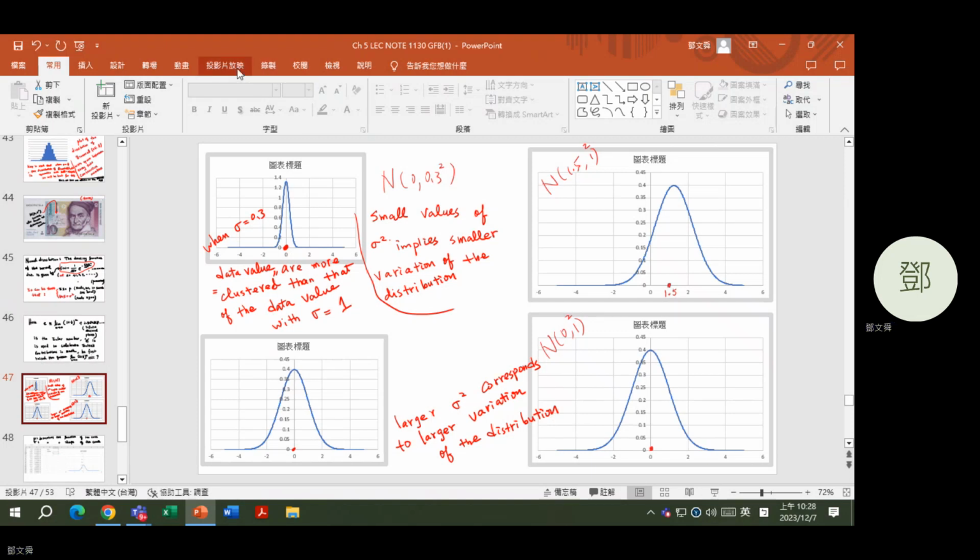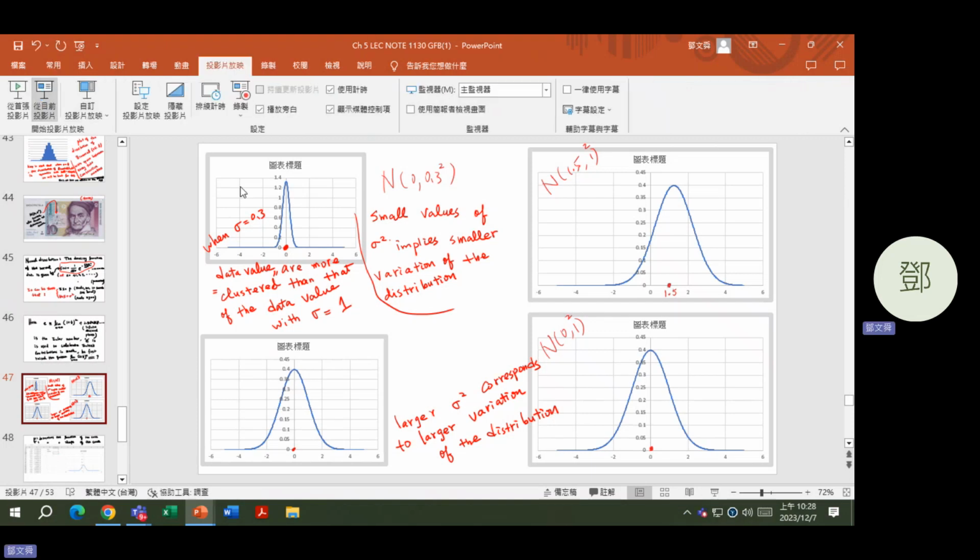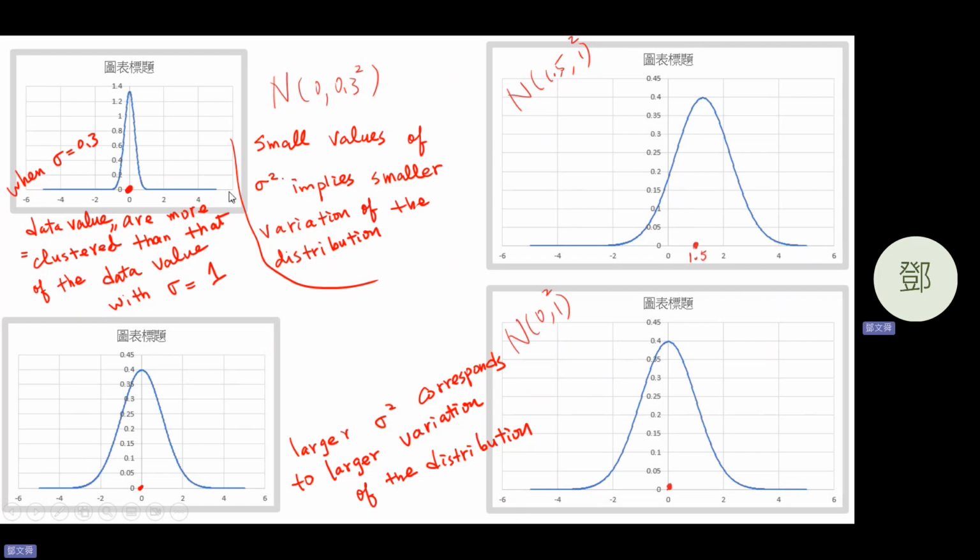Okay. So what are our comments about the figures? There are two parameters, mu and sigma.